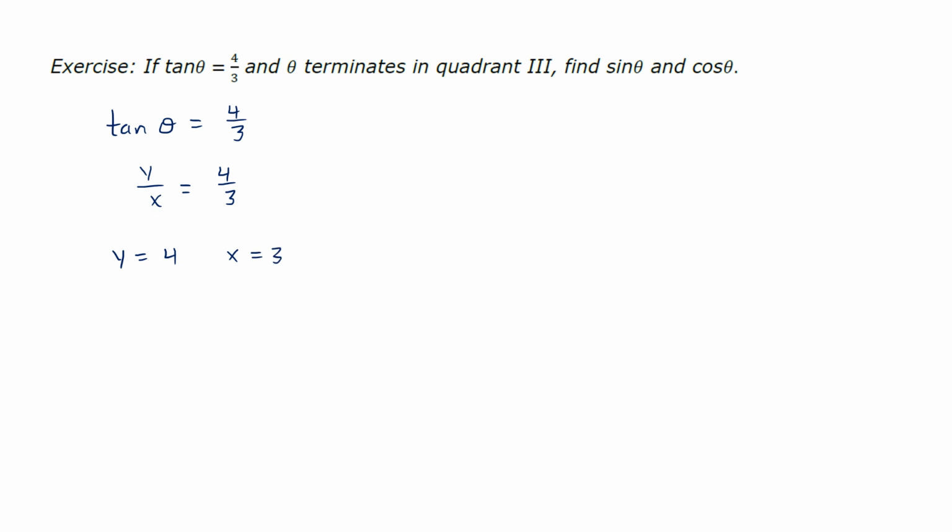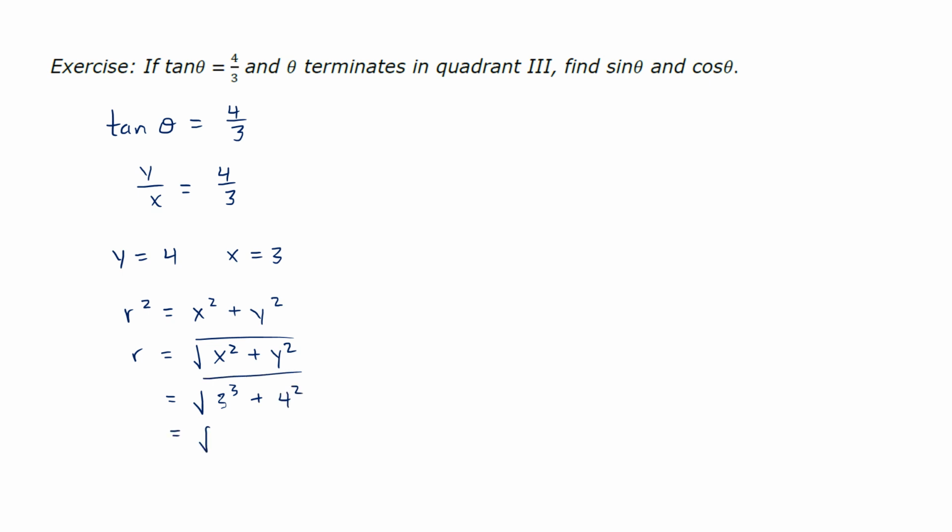Now to find sine and cosine, we're also going to need r, the distance from the origin to our point on the terminal side. So to find r, we'll use the formula r squared equals x squared plus y squared, where r equals the square root of x squared plus y squared. We know x is 3, and we know y is 4.